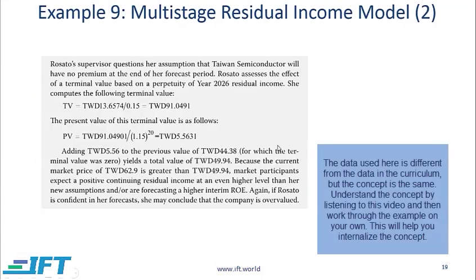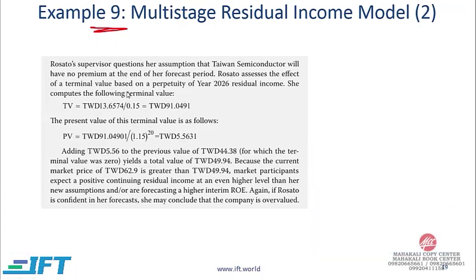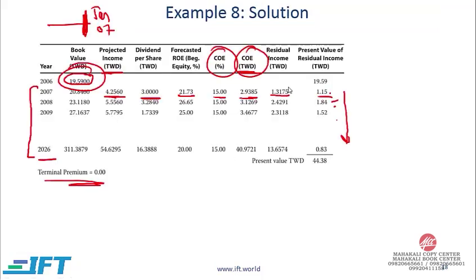All right, then example 9 builds on this, and all example 9 is saying is that at the end of 2026, what if the premium is not 0? Okay, so the manager or the supervisor here says that let's say that at the end of 2026 the residual income is this number, let's assume that this residual income will stay for whatever reason.